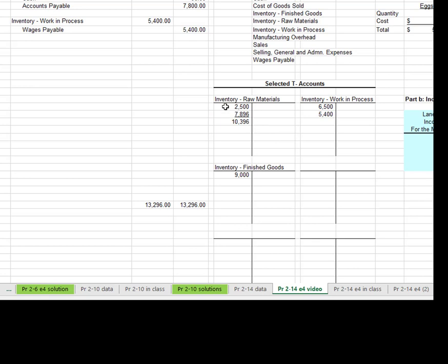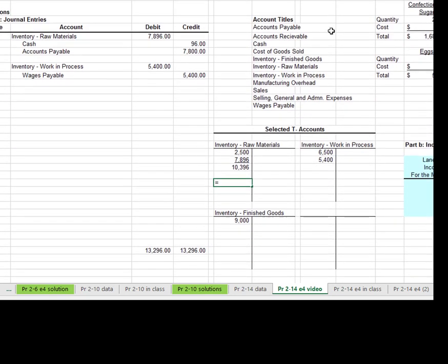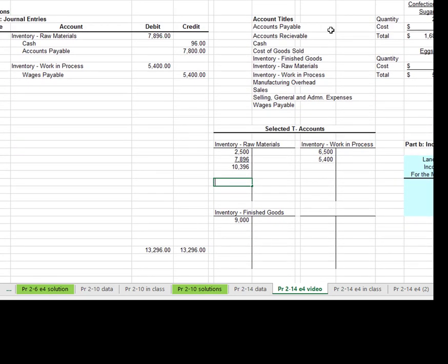All right. Now, these inventory raw materials, they're used in the baking process. That's going from raw materials to work in process. Okay. Now, they're giving us the ending balance of 3,500. So I'm going to type that in, 3,500.